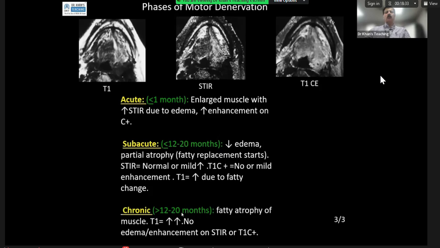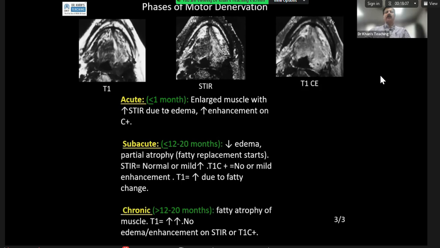And chronic is more than 20 months. In chronic, there will be fatty atrophy, which will be high signal on T1. There will be no enhancement or no edema. But in acute, there will be acute enhancement, acute edema. Subacute will be somewhere in between.